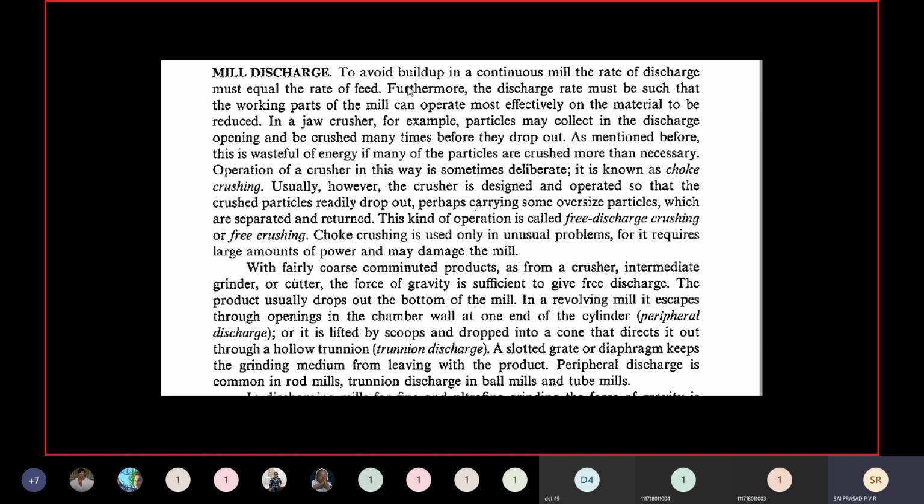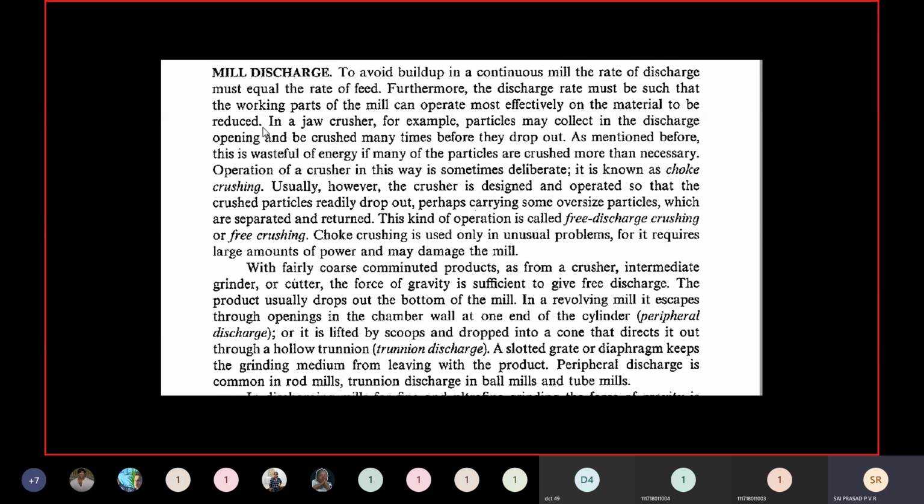This is very important. Furthermore, the discharge rate must be such that all working parts of the mill can operate most effectively on the material to be reduced. This is a beautiful statement. Is there any chance that a particle will escape the blows of the jaw crusher and then come down?